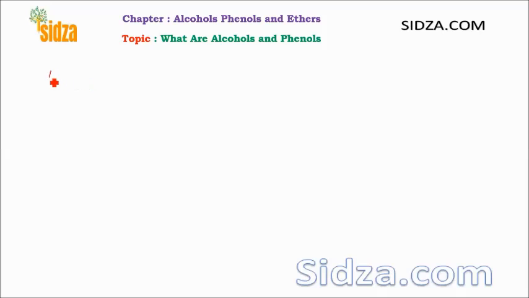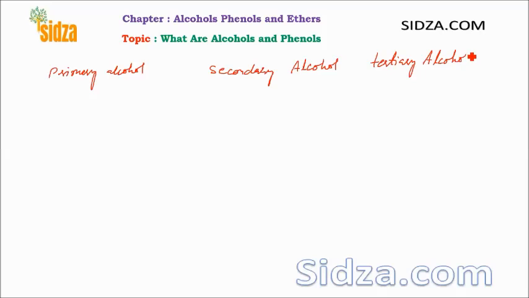So we have the primary alcohol, secondary alcohol, and tertiary alcohol, based on the number of the alkyl groups attached to the carbon having the hydroxyl group, right?